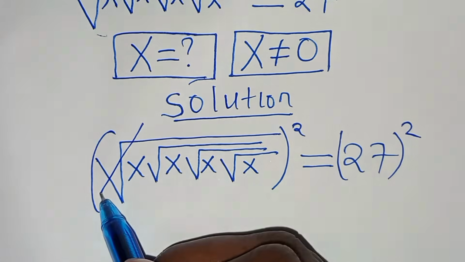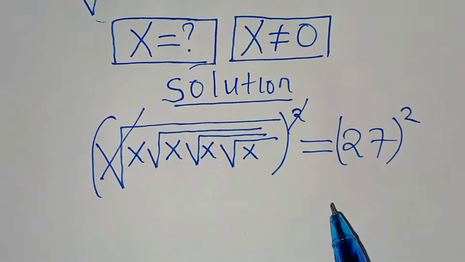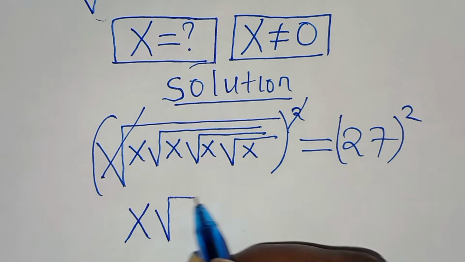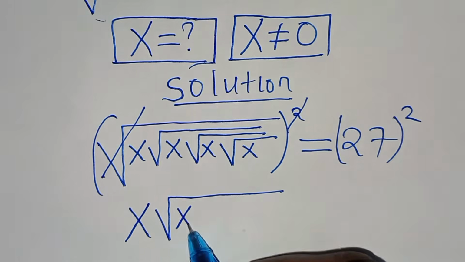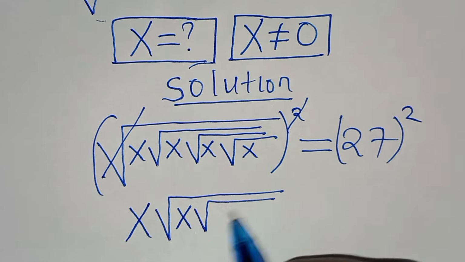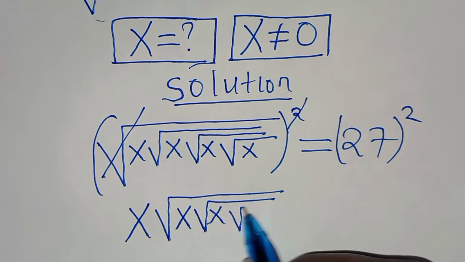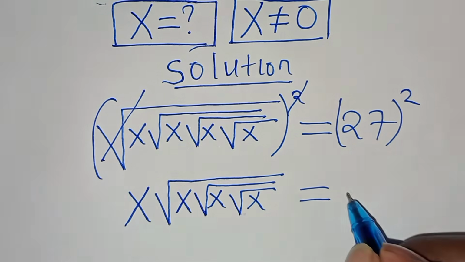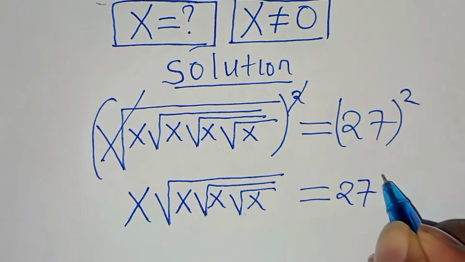So this implies we eliminate the first square root sign so that here we have x multiplied by square root of x here, then square root of x, then square root of x. This is equal to 27 raised to the power of 2.